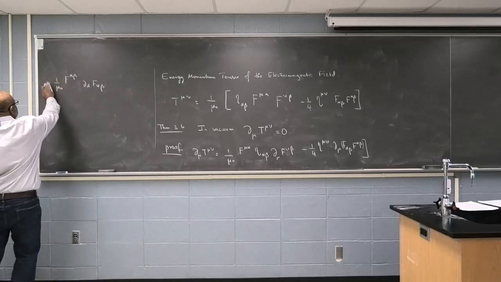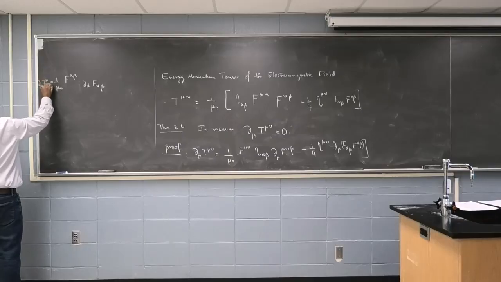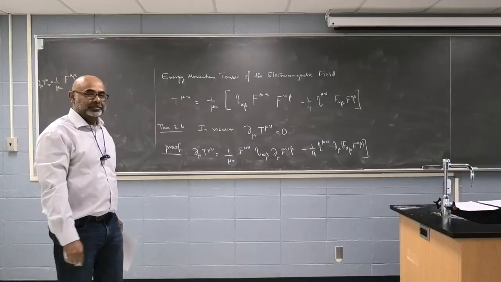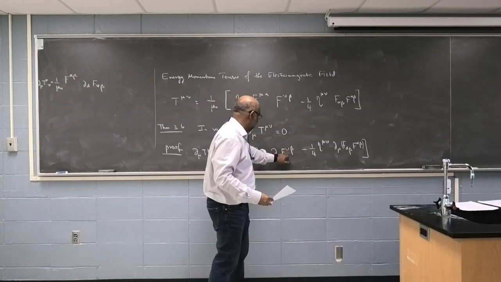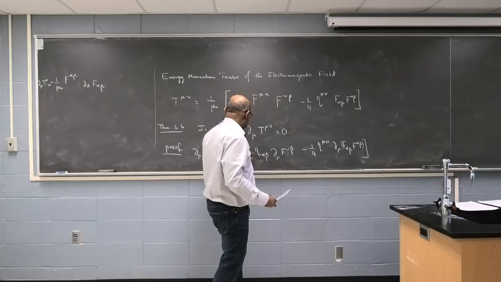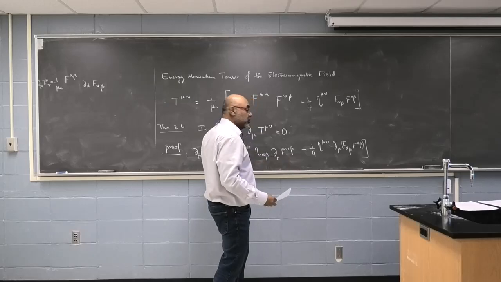Good, very good. You guys, I lowered nu on that side. So the nu just got lowered. This beta came down, this beta went up. This alpha made mu beta, but since beta came down, it goes upstairs.